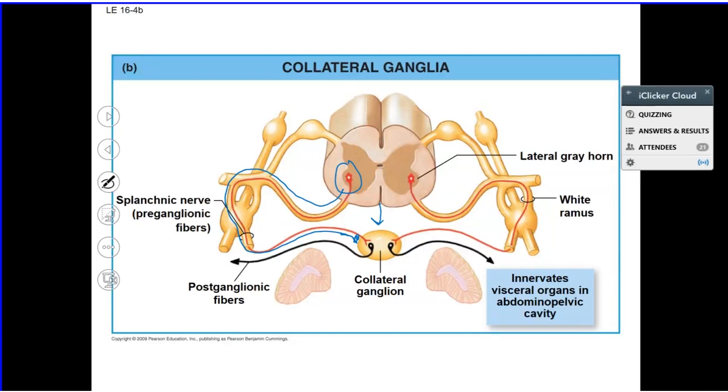They are not paired, they are single. And you have a lot of prevertebral ganglia. They're going to be named for blood vessels. All you really need to know, though, is prevertebral. Yes, right in front of it.